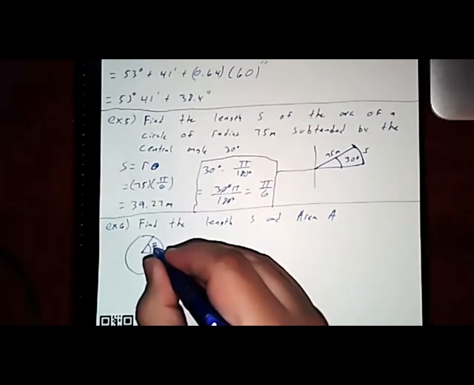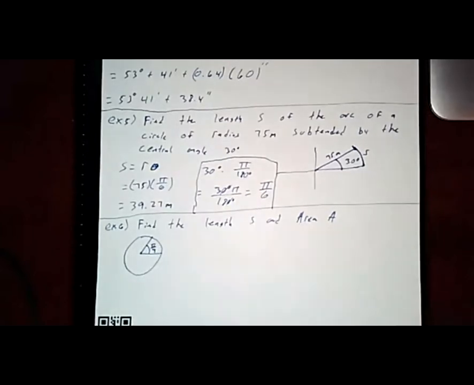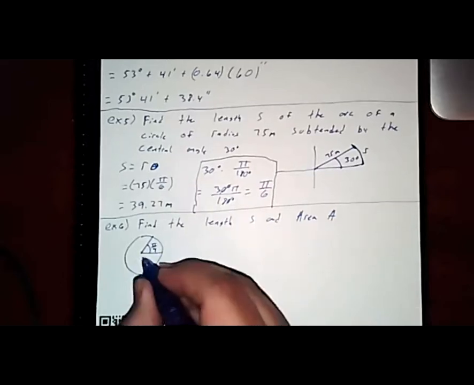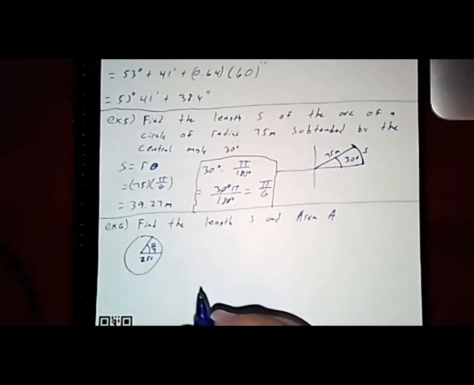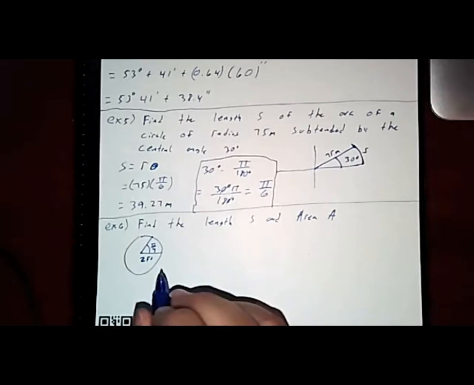What is the area of the sector, the slice of pizza here? Well, they have to give you a radius. So we'll say that this radius right here is 2 feet. The angle is pi over 4.